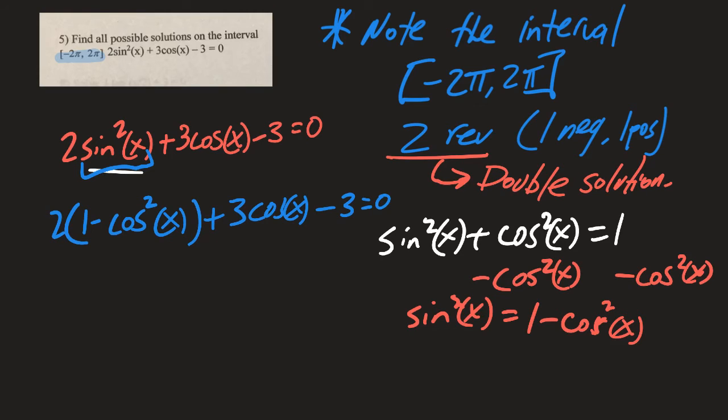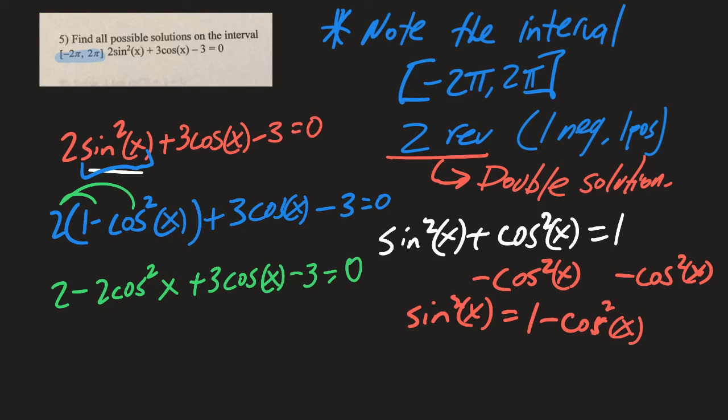And I'm going to go ahead and distribute this 2 into this. So I've got 2 minus 2 cosine squared x plus 3 cosine x minus 3 equals 0. And let's start combining some of our terms. I can see that this 2 and this minus 3 are going to combine.